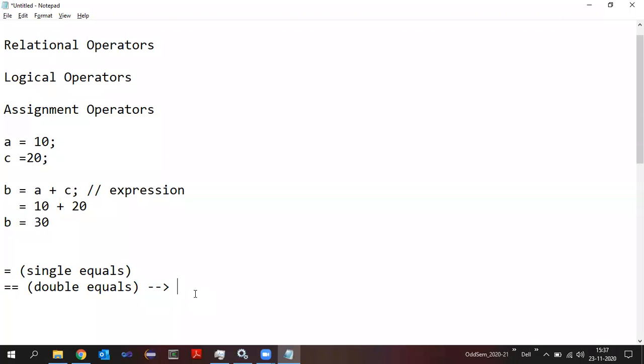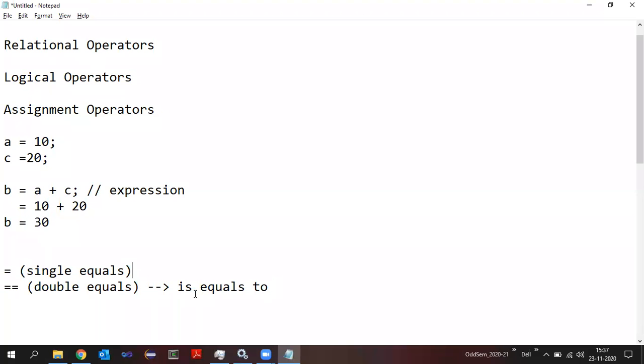Logical? Not logical. Anyone else? Recollect, relational. Relational. We have one relational operator. Very good. What is that relational operator? Is equals. Is equals to.